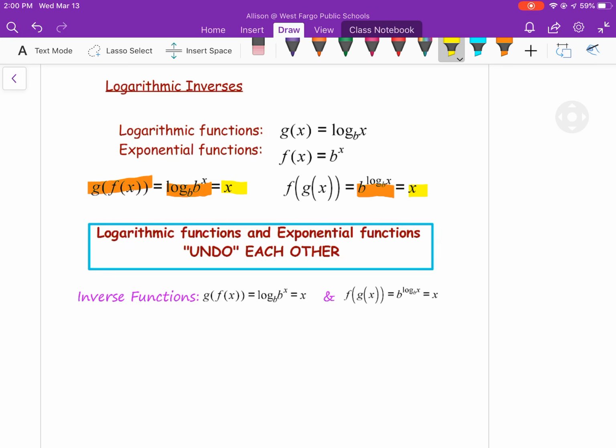So remember, that's how we verified that they were, in fact, inverses in the last unit when we learned about inverses. So log functions and exponential functions are inverses, so they undo each other just like the square root undoes an x squared. They kind of go together. Logs and exponentials go together as well.